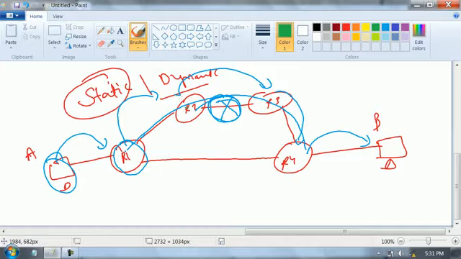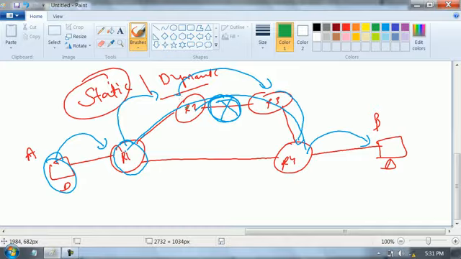But if I talk about dynamic routing, in case of dynamic routing, R1 knows about both of the paths. Now there will be a question in your mind, sir, how? How will R1 get to know about both of the paths?